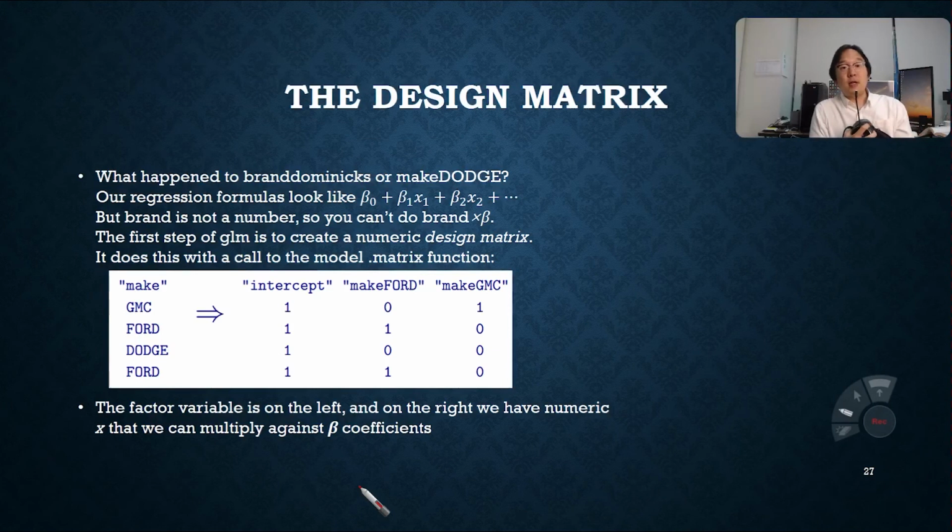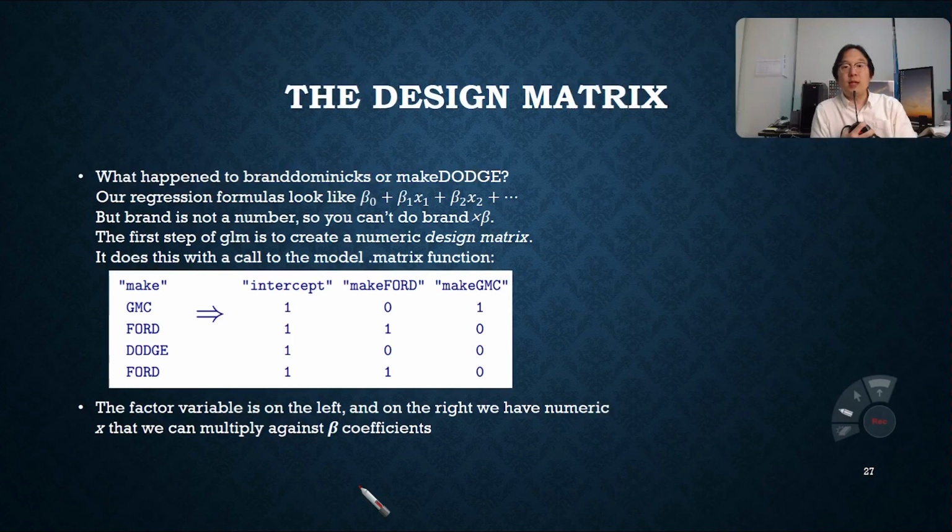It does this through the model.matrix function, right? Make GMC, Ford, Dodge, Ford in each different variables, right? Intercept will be 1 1 1 1 1. Constant term, and then the make Ford will be created and make GMC will be created with this design matrix kind of function.